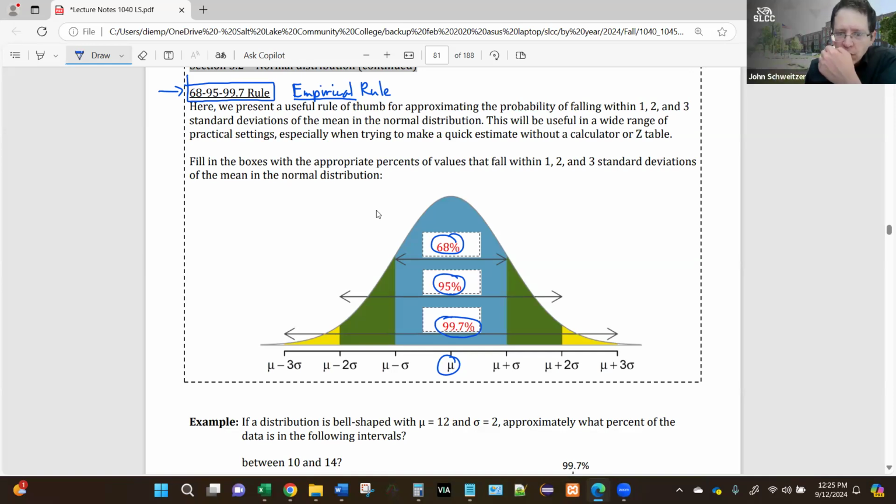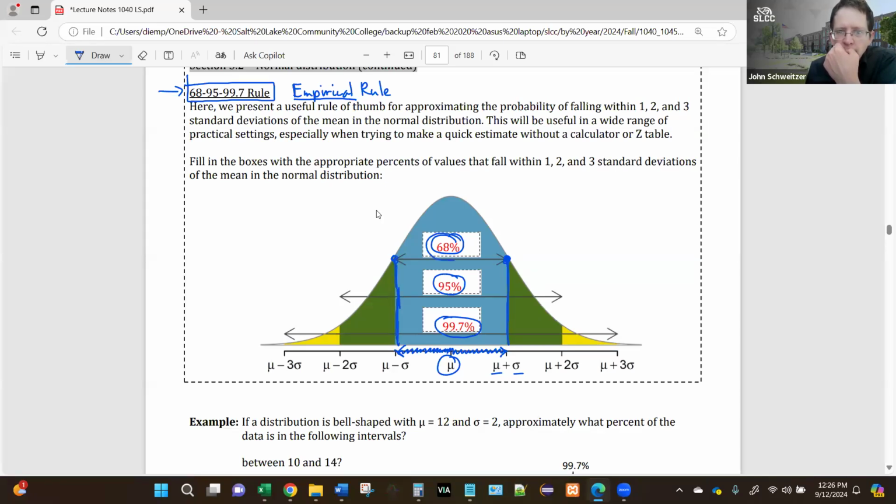Well, what we do is we start in the middle at mu, and we go out one standard deviation to the right. So that's mu plus sigma, which we know takes us to the inflection point. If we also go one standard deviation to the left, that's mu minus sigma, which gets us to our other inflection point.